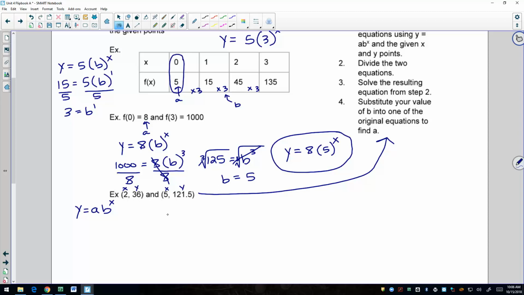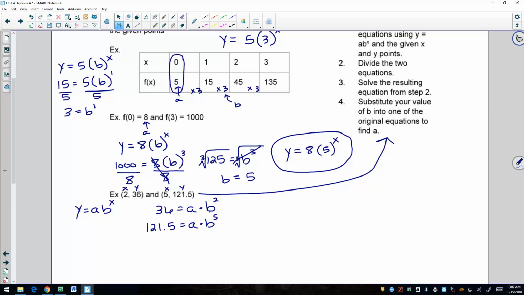So let's take the first one. y is 36, so that's 36 equals, I don't know a or b, so a times b, and x is 2. Then the other one would be 121.5 equals a times b to the 5th.